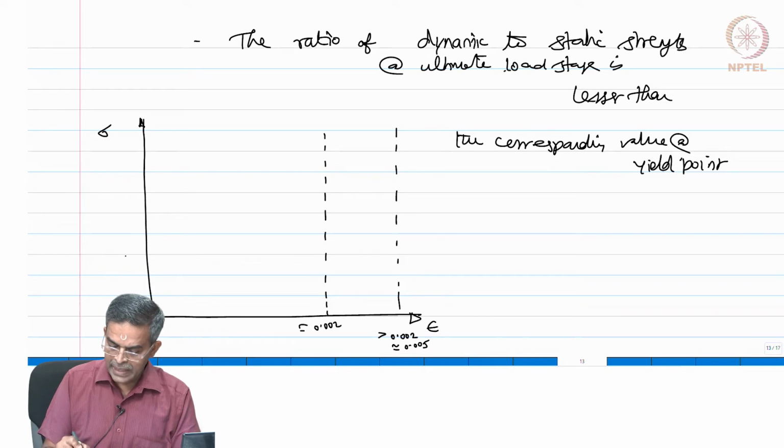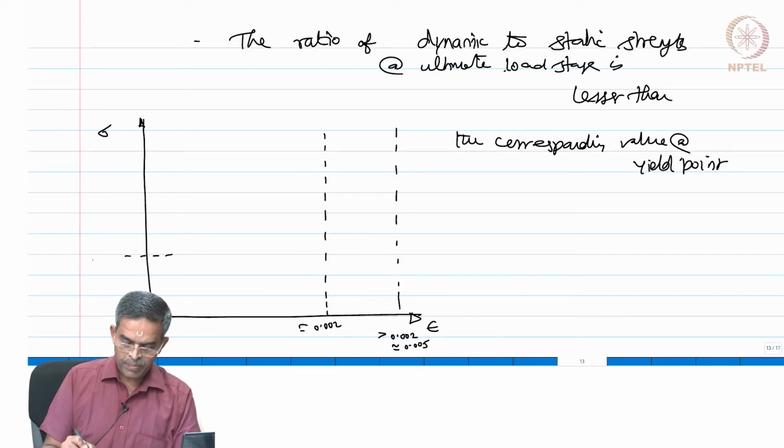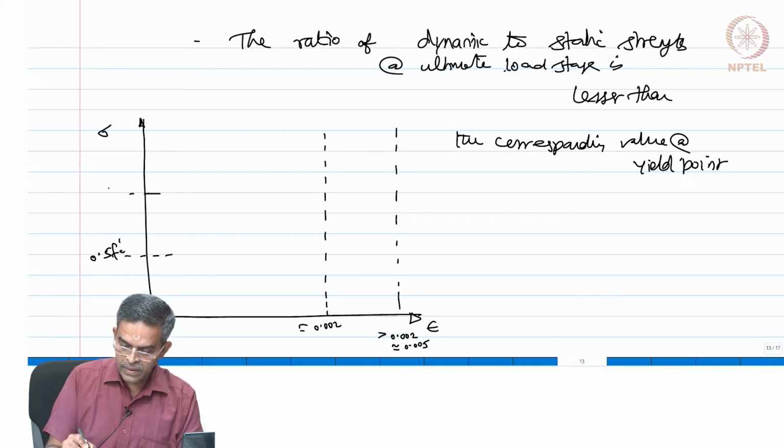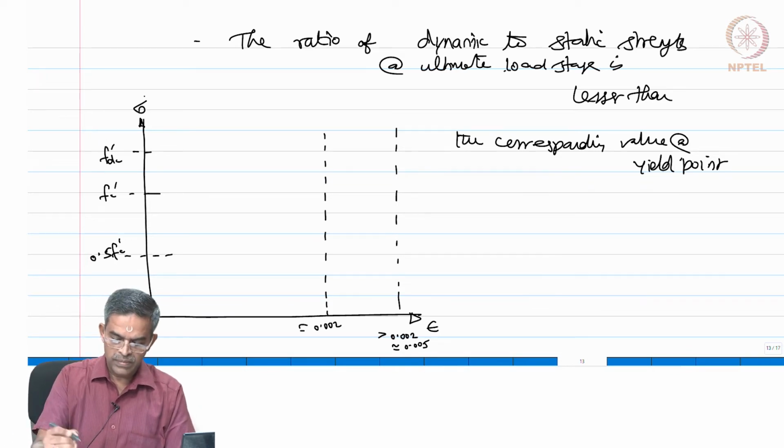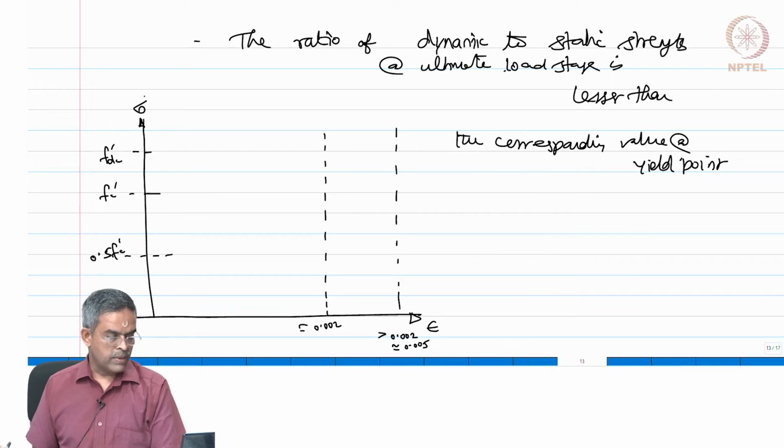Let us draw horizontal axis as 0.5 FC dash, let us say FC dash and FDC dash. Let us say this is my stress arm. Okay.